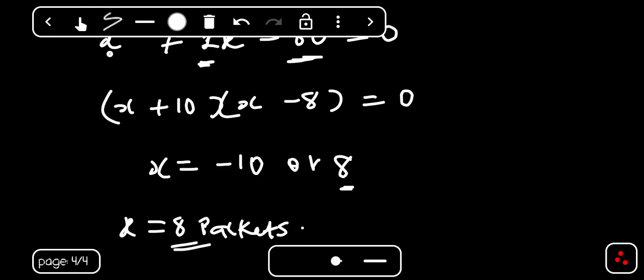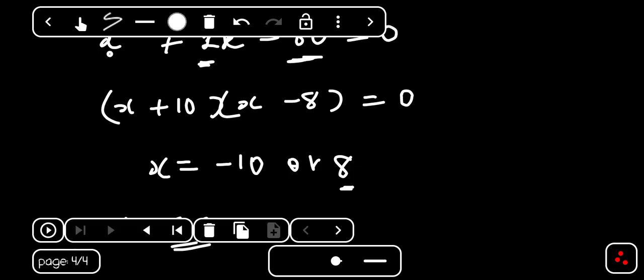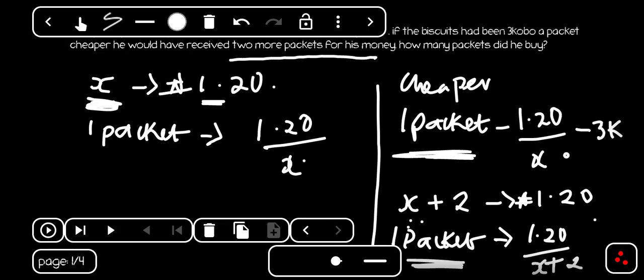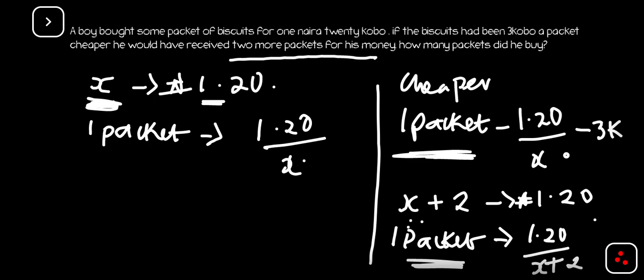But let's cross-check to see the whole story. Going back to the very beginning, if x is 8, that means 8 packets cost 1 naira 20 kobo. If we divide 1 naira 20 kobo by 8, we get 0.15 naira, so that is 15 kobo. So he bought 8 packets at 15 kobo each.